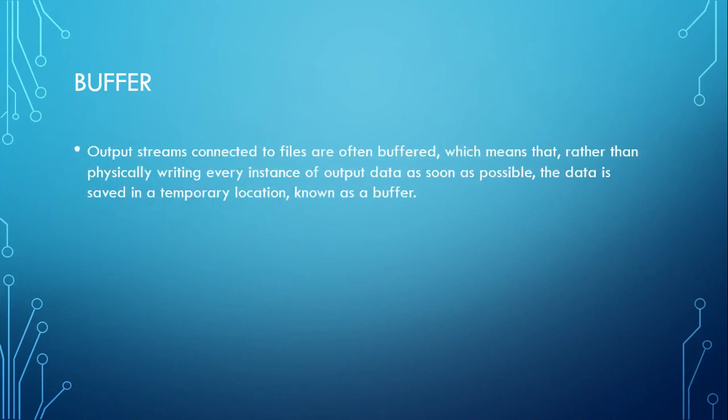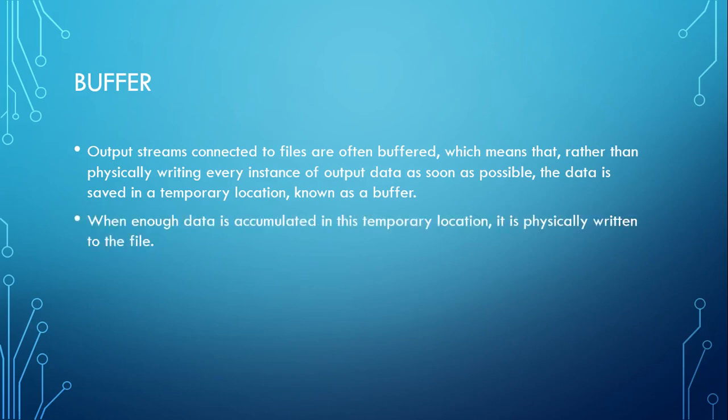Output streams that are connected to files are often buffered, which means that rather than physically writing every instance of output data as soon as possible, the data is instead stored in a temporary location known as a buffer. Now, your buffers are typically in your system memory. When enough data is accumulated in this temporary location, it is physically written to the file. This can technically add to efficiency, because physical writes to a file can be slow.